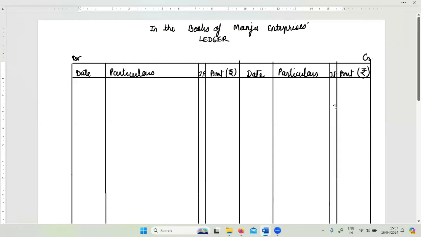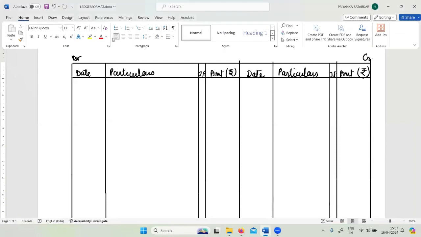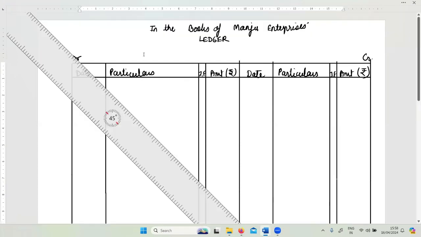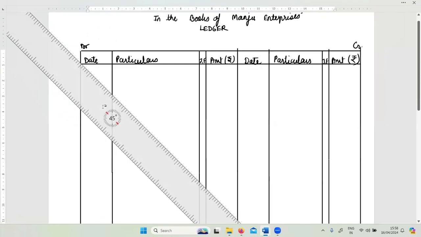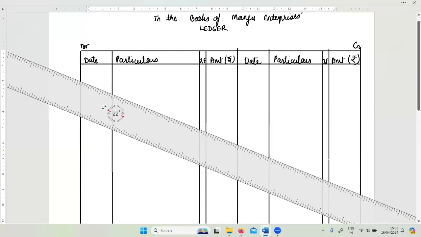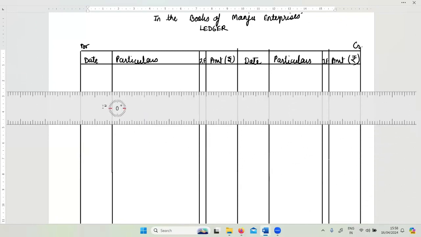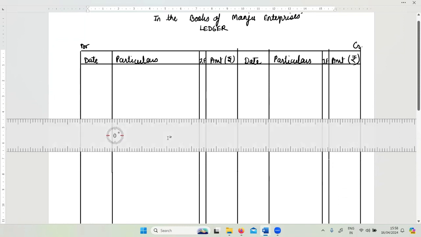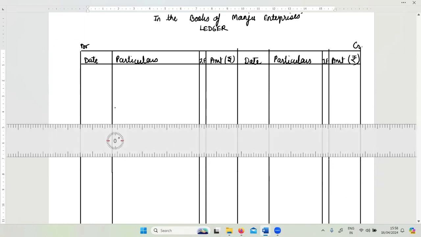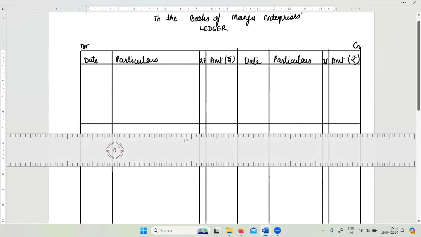Now, how many we have identified? We have identified 5 ledger accounts. So let me rule the 5 ledger accounts, draw the 5 ledger accounts. The first account that I have is the cash account. So cash account, maybe I need 2-3 lines for the cash account. So first account I'm writing. Second account.